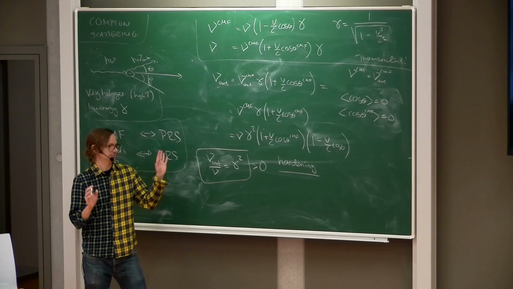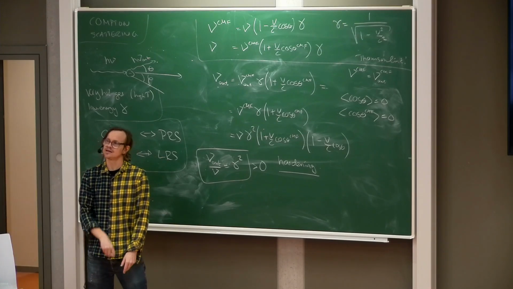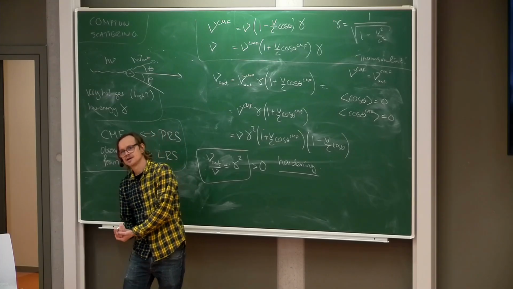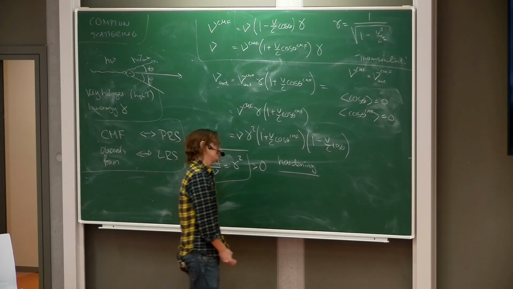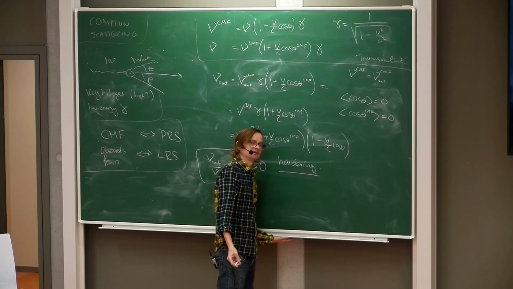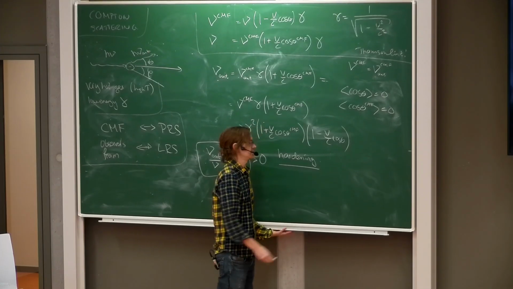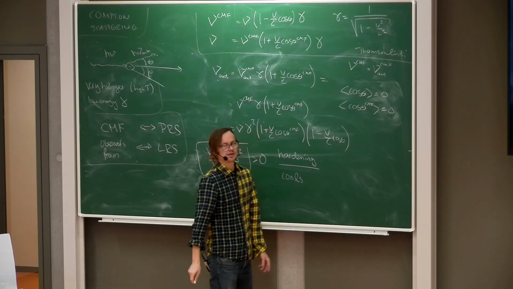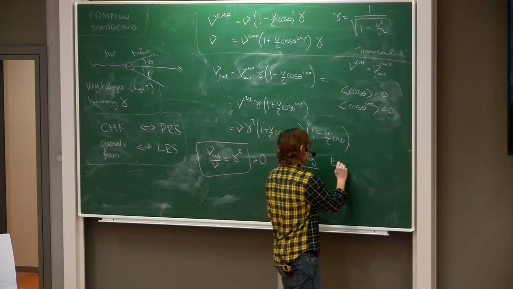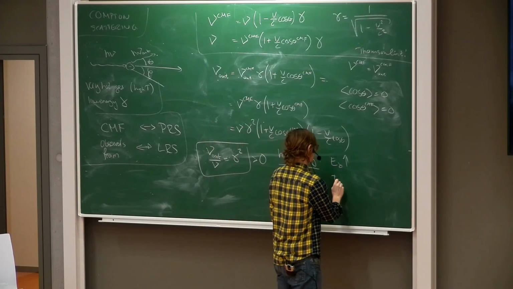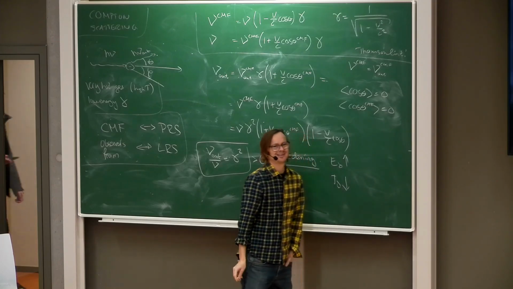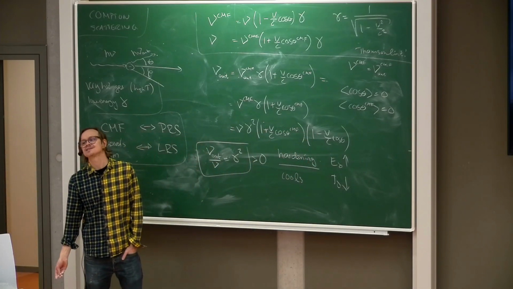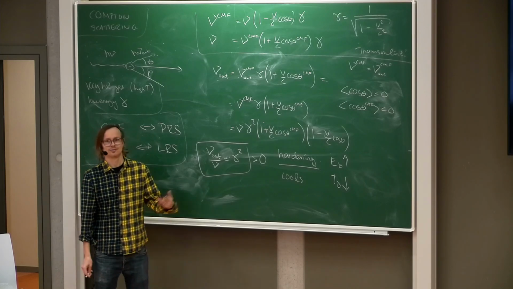We still have to preserve energy, so it comes at the expense of the gas, but the opposite of what we saw in the Comptonisation: the gas cools. The energy of the photon goes up, and the temperature of the gas goes down. This is why it's called inverse Compton, because it's the inverse of the Comptonisation.